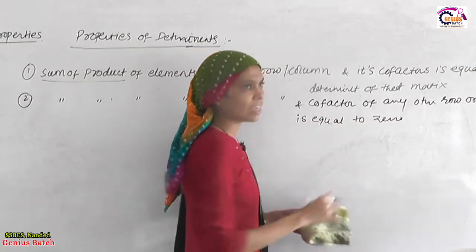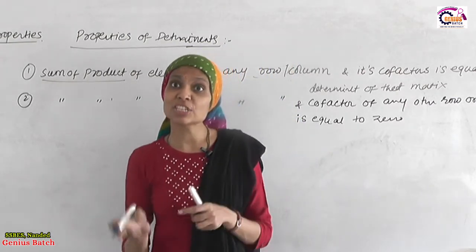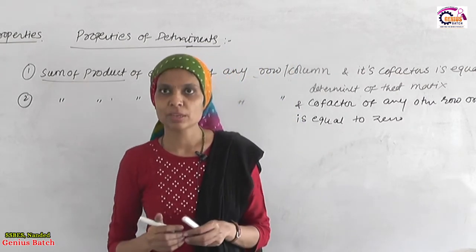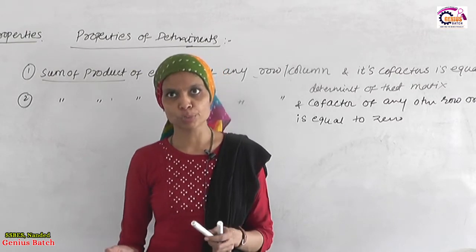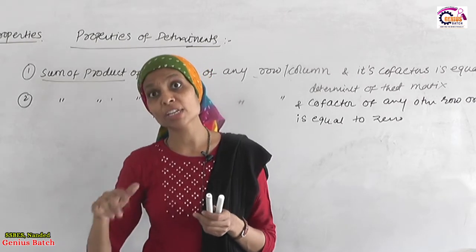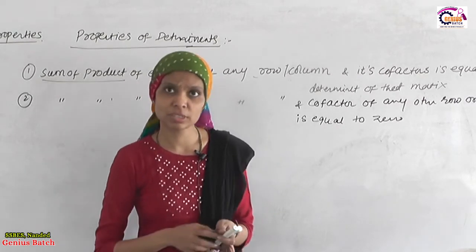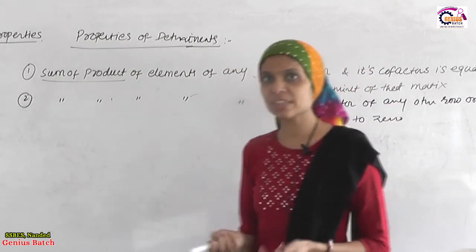Earlier we multiplied the elements of a row or column by their own cofactors, meaning A11 into C11, A12 into C12, right? But if you multiply the elements by the cofactor of any other row or column, then the sum will be 0. So we can verify this property also.